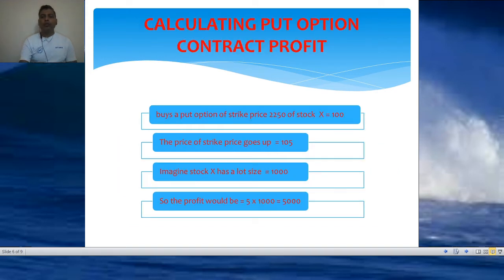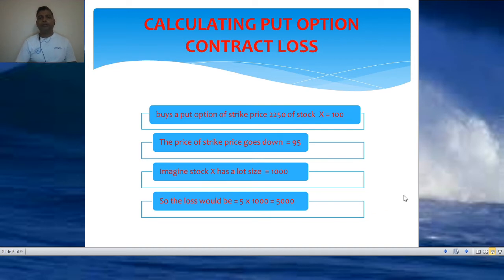Now let us try to understand how we calculate the put option profit. If the trader buys a put option of strike price 2250 of stock X at a premium of 100, and the premium goes up to 105, and stock X has a lot size of 1000, in this case his profit would be 5 into 1000, that is 5000.